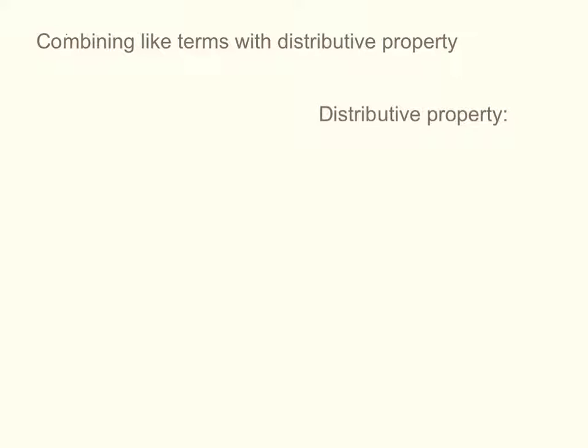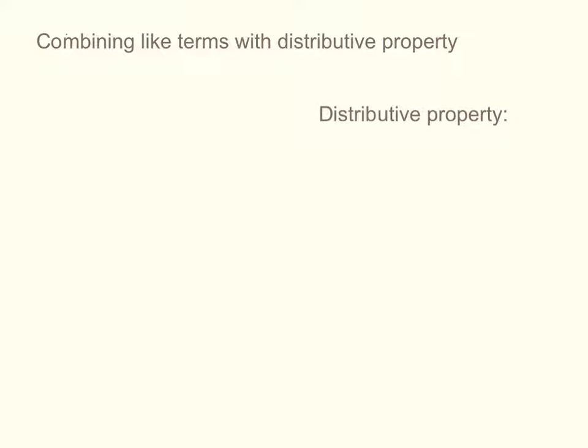As if combining like terms wouldn't be confusing enough, sometimes they like to throw in distributive property into these problems to make them a little bit more complicated, but it just adds an extra step. So let's refresh our memory on what distributive property really means.